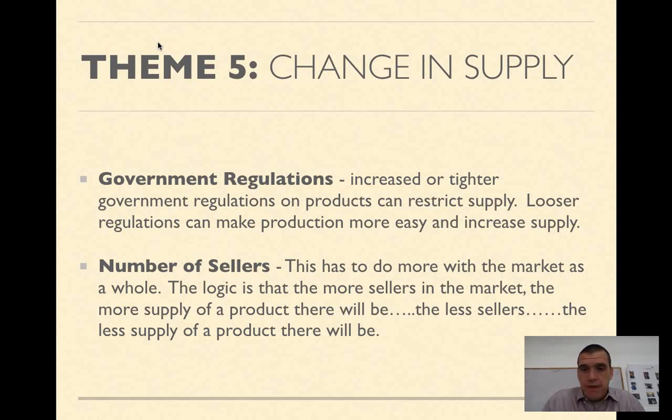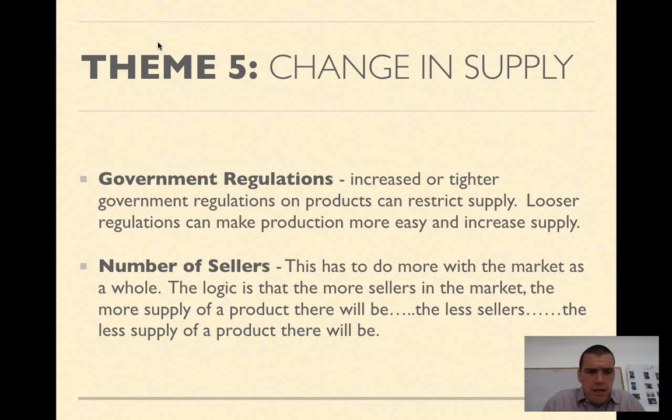Think of command and free market economy here. Looser regulations can make production easier and increase the supply. The less the government is regulating and restricting the way things are produced, the more the companies can supply. Kind of makes sense.